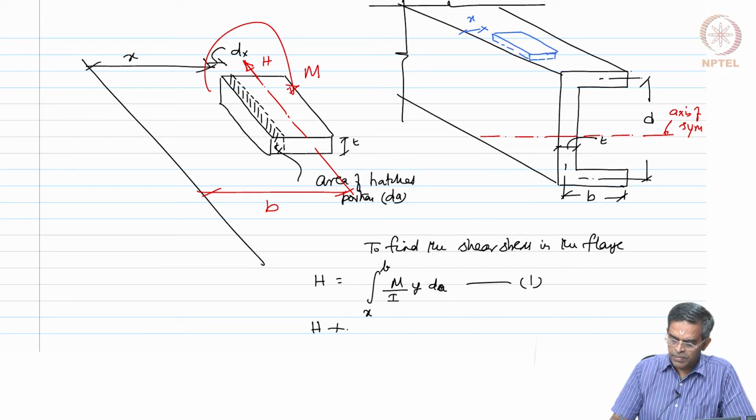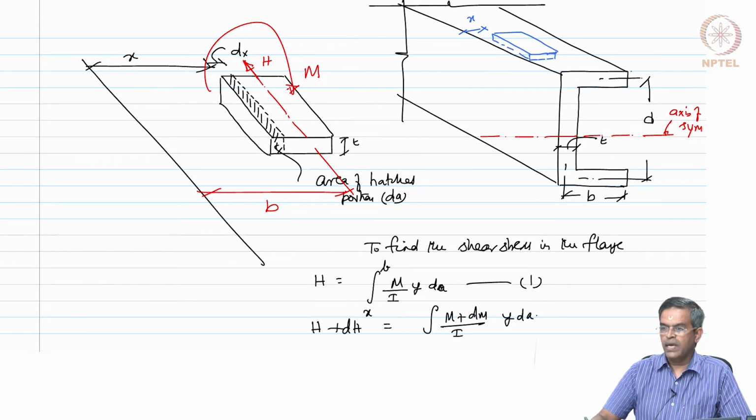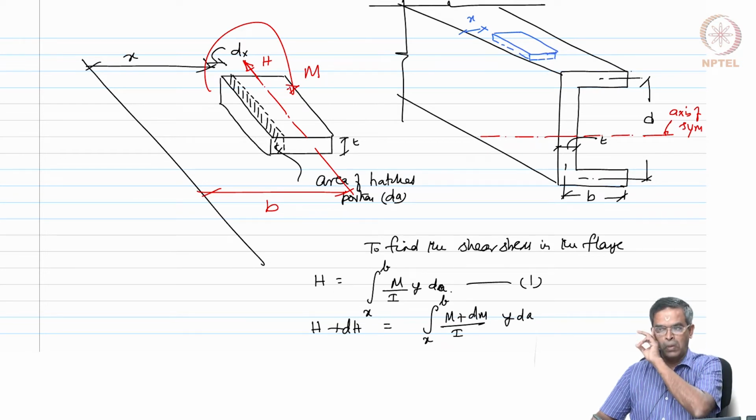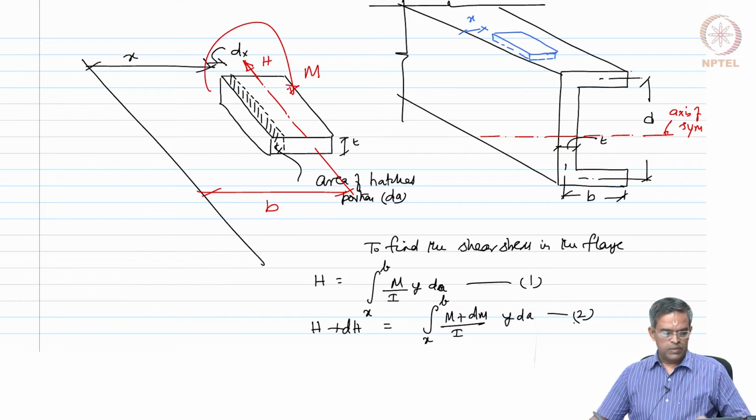H plus dH will be M plus dM by I into the integral of y dA, which will also run from x to b. Equation number 2. Equations from first principles. Okay.